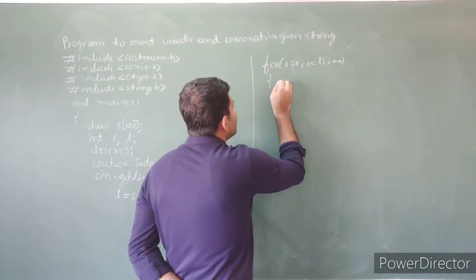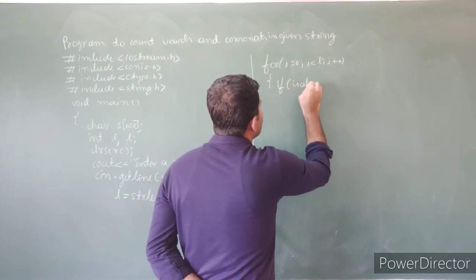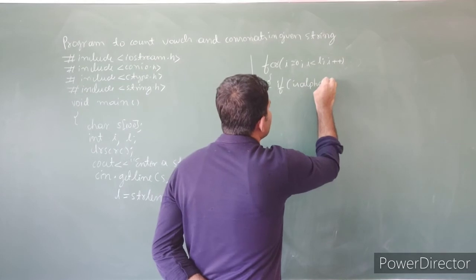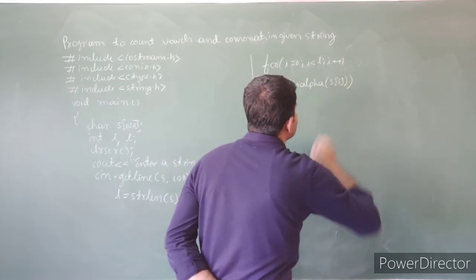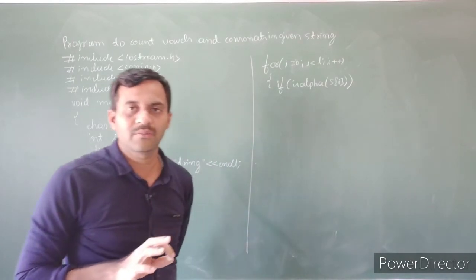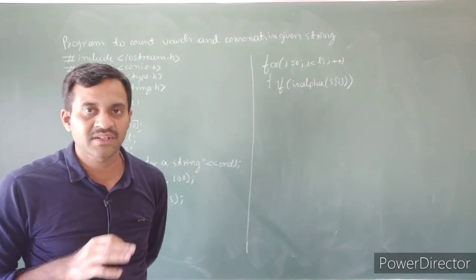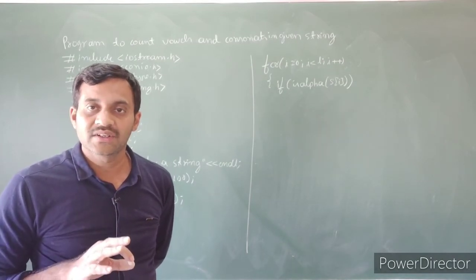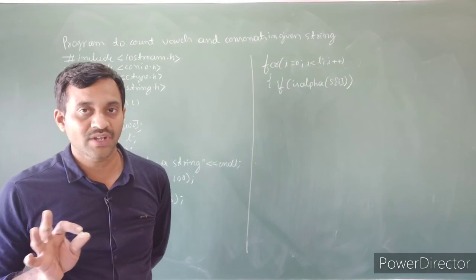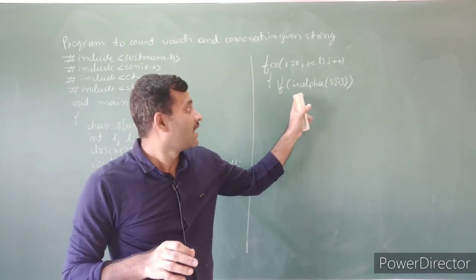Then verify if isalpha of s of i. The given character is an alphabet, because space, special symbols and numbers are also characters. But we have to verify here only alphabets, vowels and consonants. For that, first we have to verify whether the given character is an alphabet.